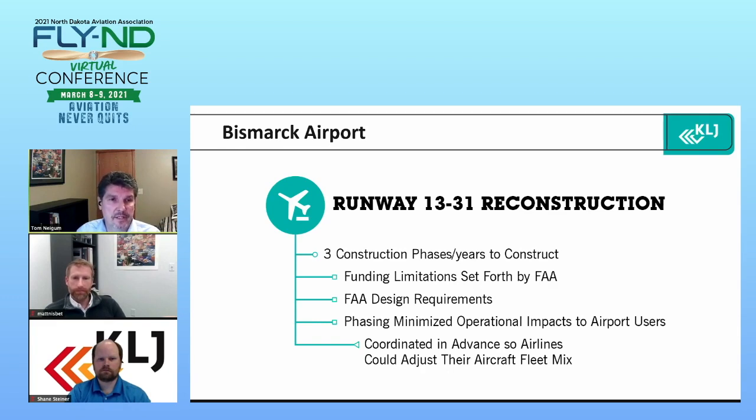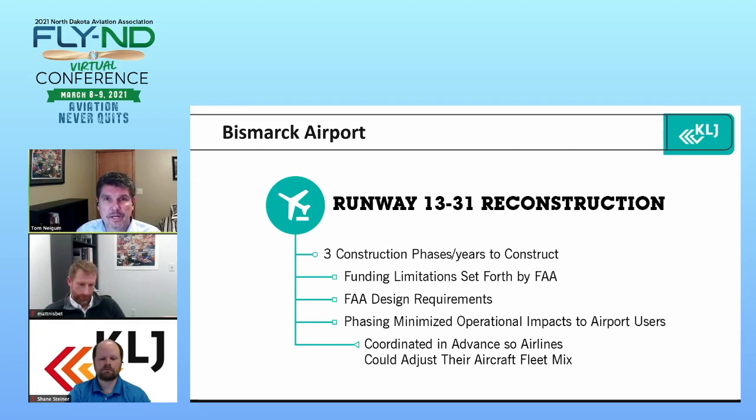One of the biggest things we had to do as part of that project was decide how to phase it, because we had some limitations. Number one, we had funding limitations set forth by the FAA, who said you're going to get funding over a 3-year window, so plan accordingly.